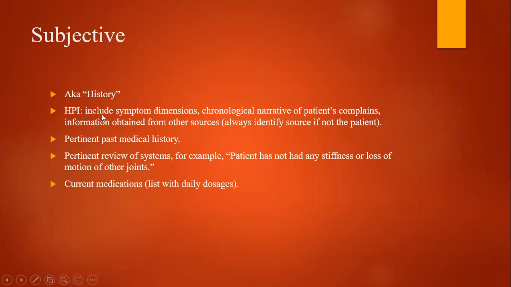History of present illness includes symptoms, dimensions, and a chronological narrative of the patient's complaint, right? Whichever is the most important should be first, then next. Information obtained from other sources, right? Always identify the source if it is not the patient. Sometimes patients are not able to talk. You take the history from the patient's relatives, attendants, secondary data.